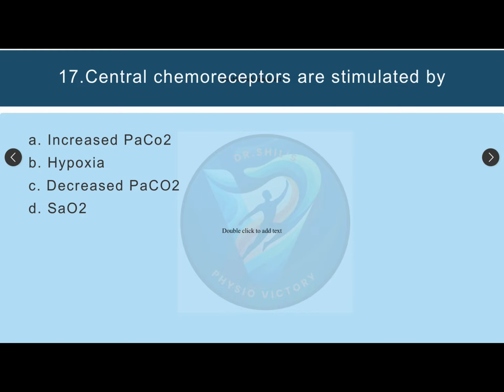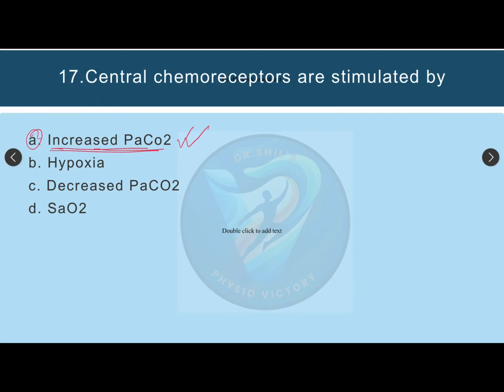Next question, central chemoreceptors are stimulated by option A increased partial pressure of carbon dioxide, option B hypoxia, option C decreased partial pressure of the carbon dioxide and option D SaO2. Here the correct answer is option A, when there is increase in partial pressure of the carbon dioxide.